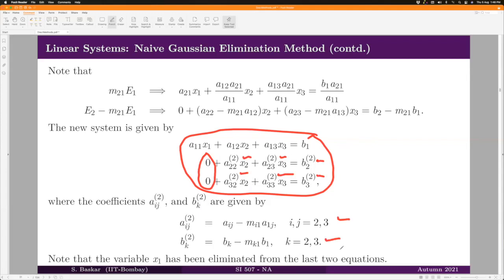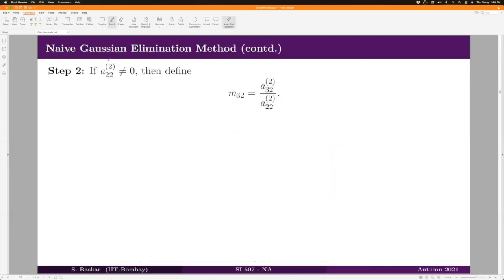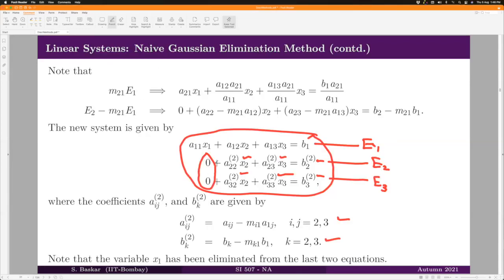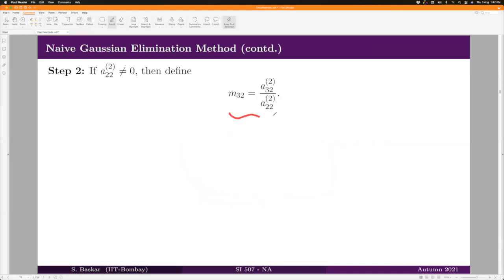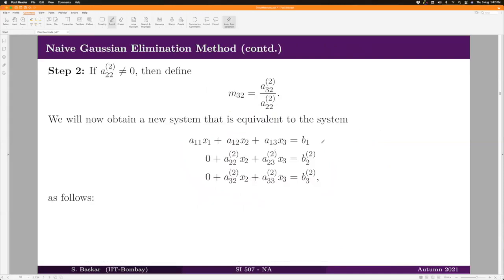Now, once you have this system, you go to do one more level of elimination, where you keep the first equation as it is, the second equation as it is, but the third equation is going to be modified. How are we going to modify? Well, if this is not equal to 0, that is a22 is not equal to 0, then you define m32 like this and take your modified system and do the modification only to the third equation, whereas the first two equations are retained as they are.